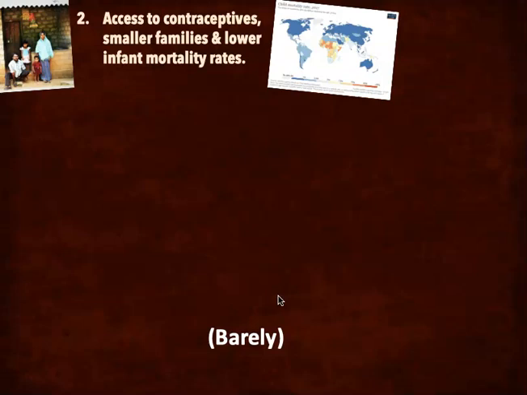And so access to contraceptives has played a big role in that in some of the LDCs and developing parts of the world. By having smaller families, we've also seen in those countries that infant mortality rates go down as well, because smaller families usually means there's more resources to make sure that your kids are being properly cared for. All kind of ties in together.